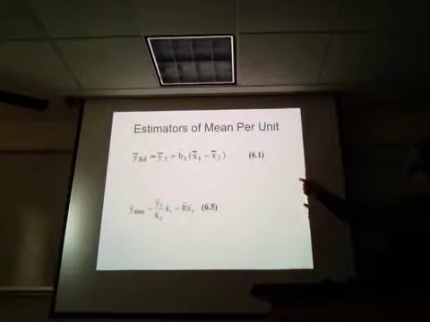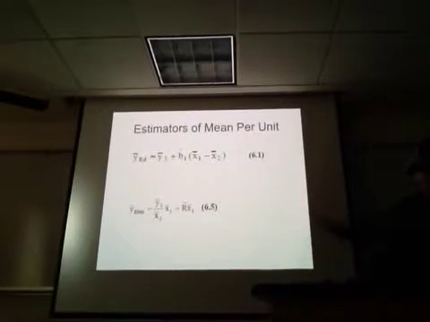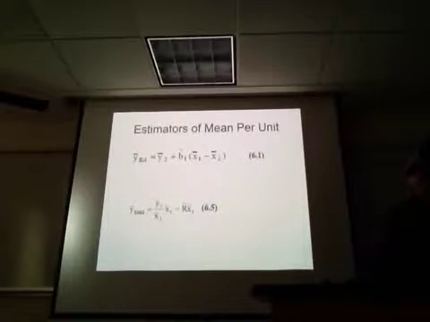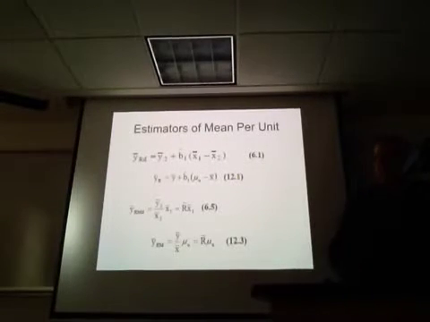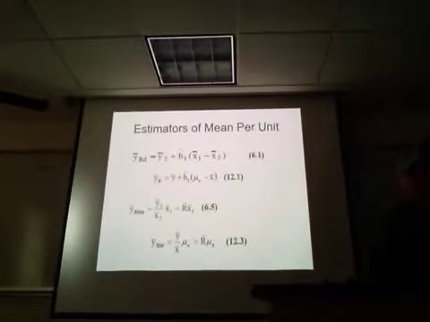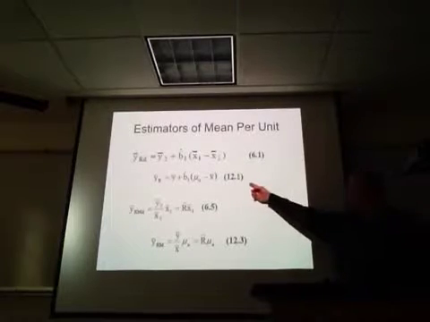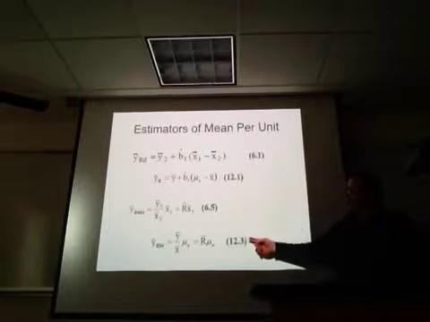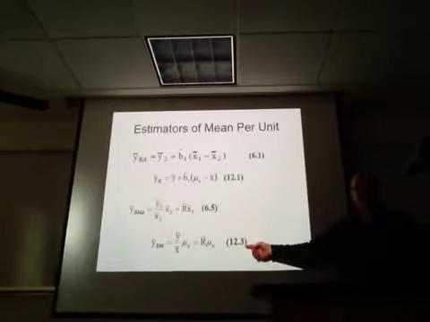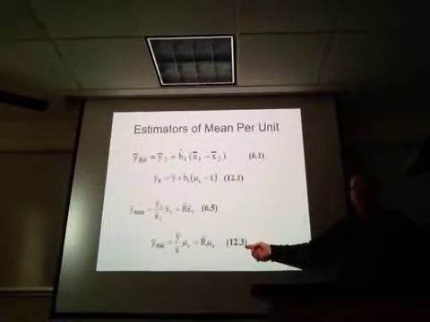Either a regression estimator or a ratio of means estimator. Do those look kind of familiar? There's the pure, so to speak, regression estimator we looked at before. And there's the ratio of means estimator we looked at before.